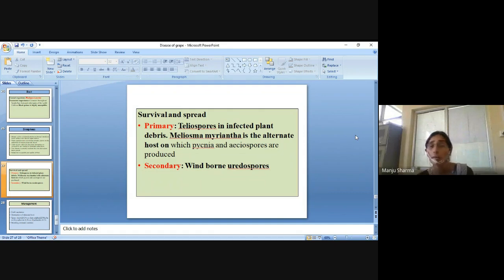Meliosma myriantha is the alternate host on which aecidiospores are produced. And the secondary spread is by wind-borne spores, which are dispersed or transmitted by the wind.